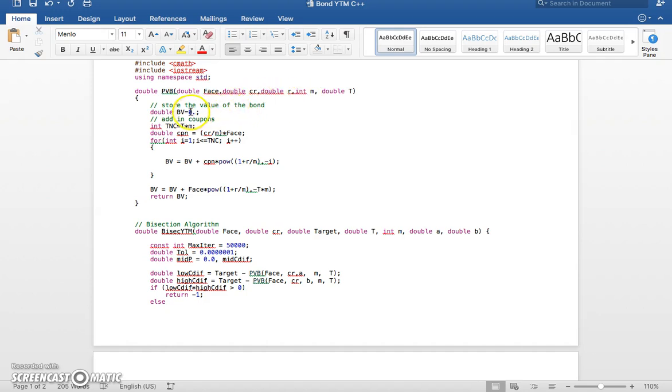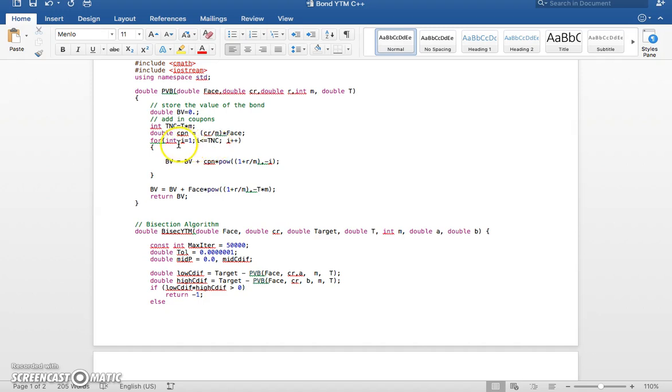Then we initialize the bond as having a value of 0. The total number of coupons is equal to the time period times the frequency of the coupon. And then the cash coupon, CPN here, is the coupon rate divided by the frequency of the coupon payment times the face or the principal of the bond.